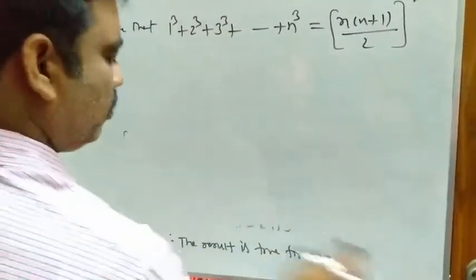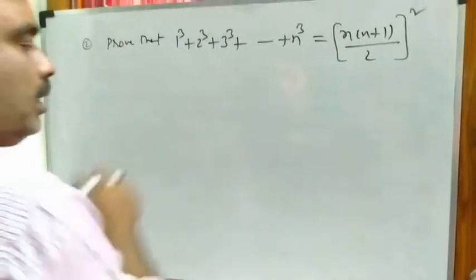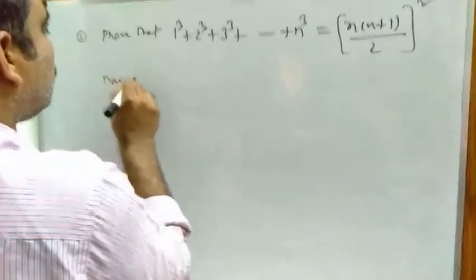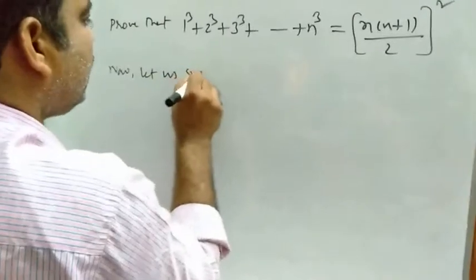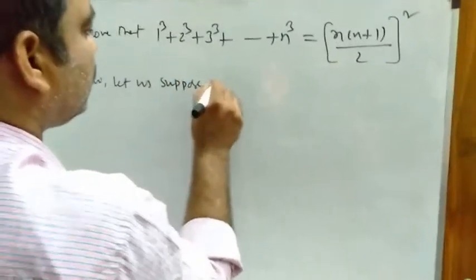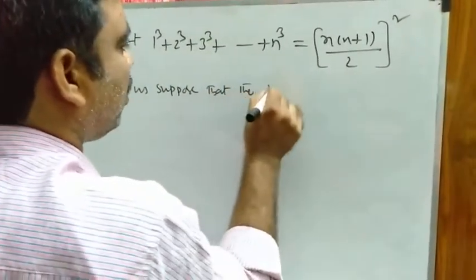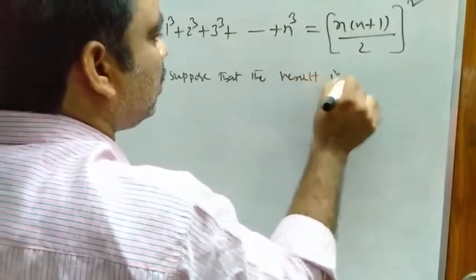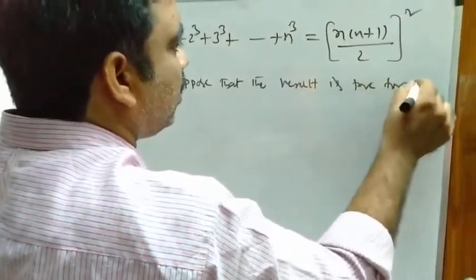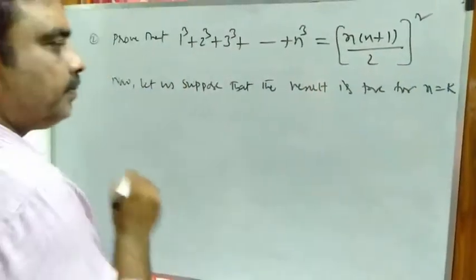For n is equal to k, I am assuming that. Now let us suppose that the theorem or the result is true for n is equal to k.